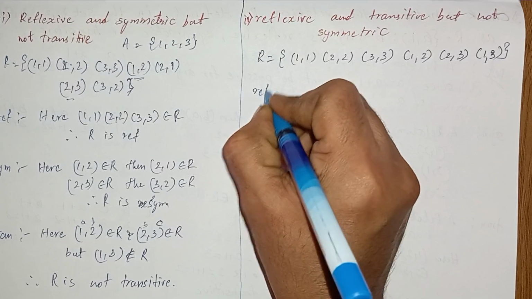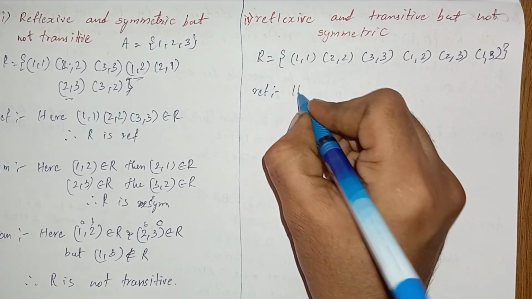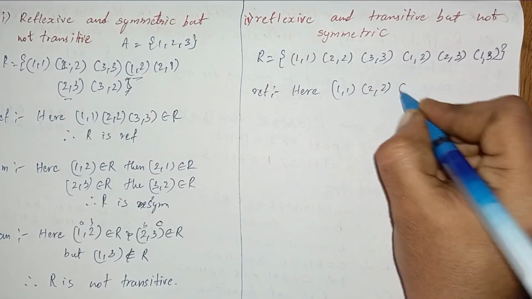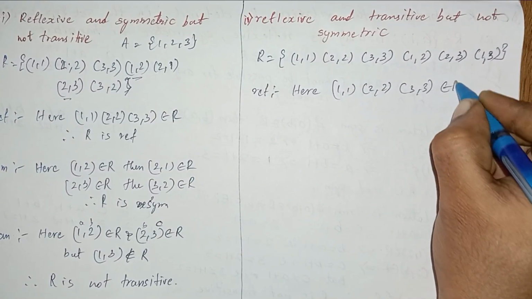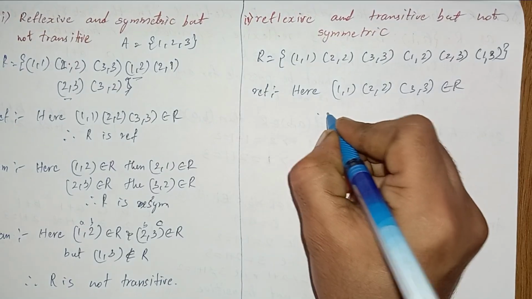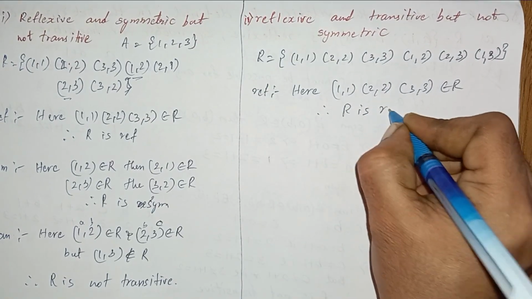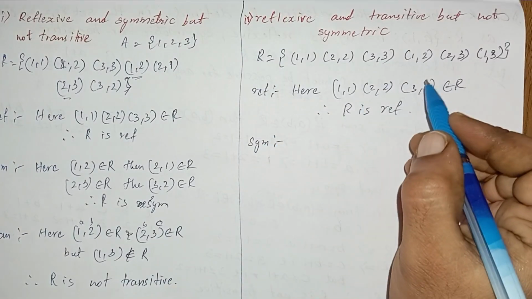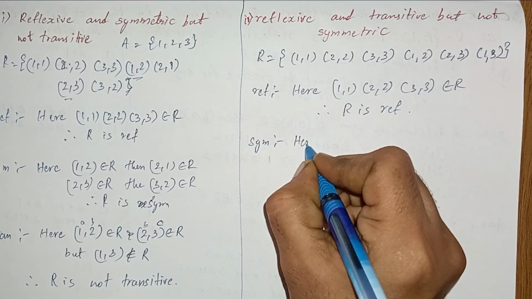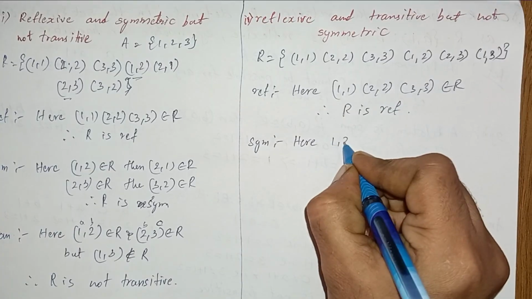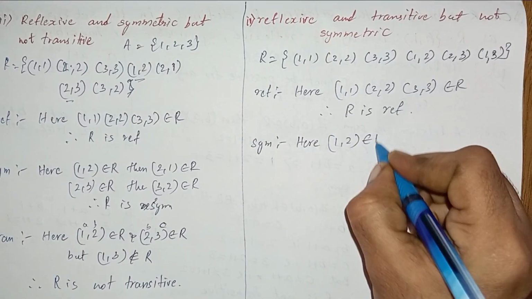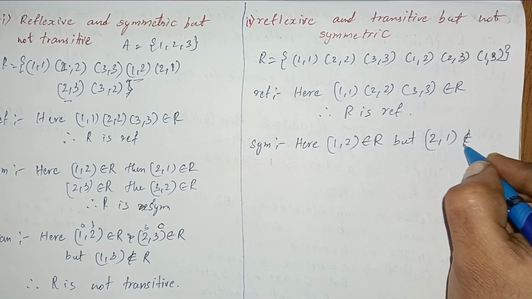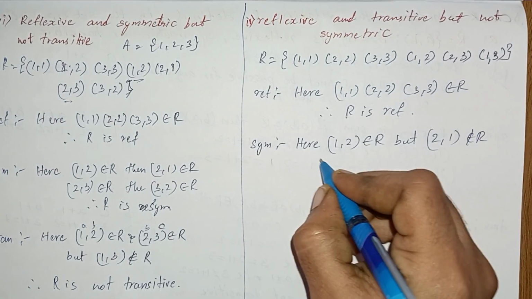First is reflexive. Here we have (1,1), (2,2) and (3,3) belonging to R. So we have the doublet. Therefore R is reflexive. The next is symmetric. Here we have seen that (1,2) belongs to R, but (2,1) does not belong to R. So it is not symmetric.